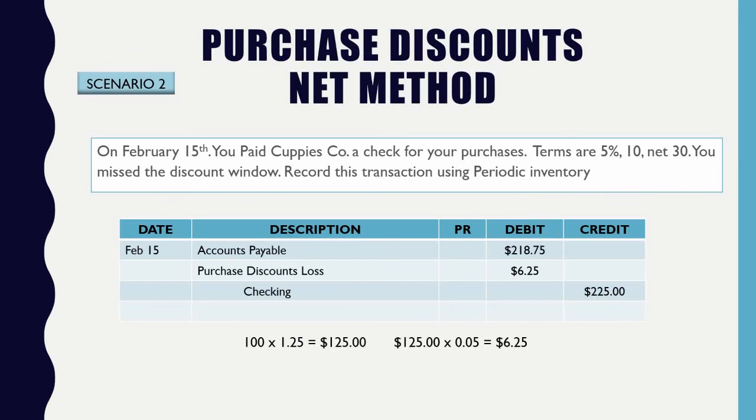You're going to create an account called purchase discount loss. And you're going to end up paying the full original price, $225 instead of $218. Okay? So that is the difference between the gross and net method.